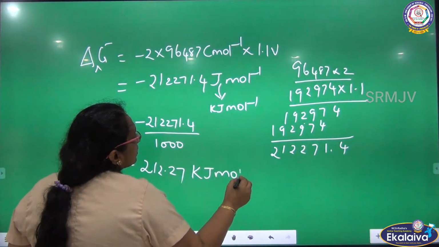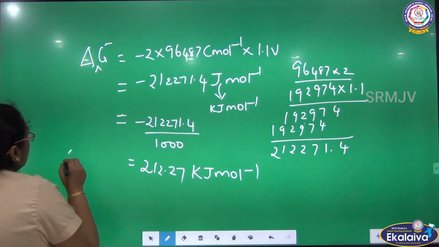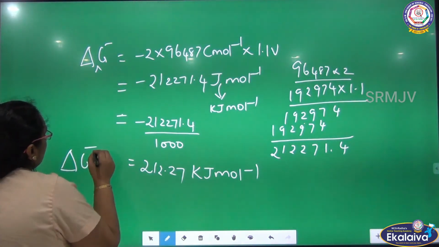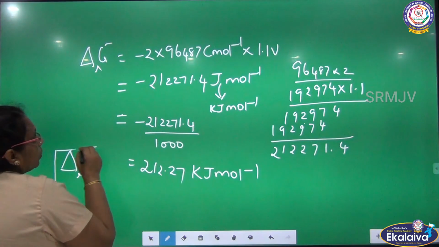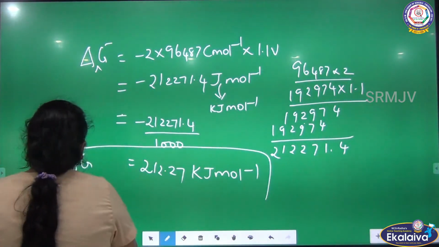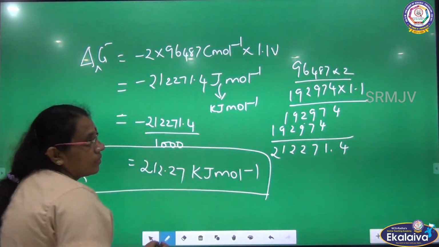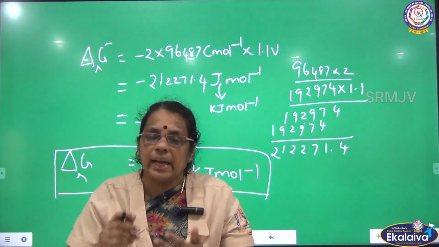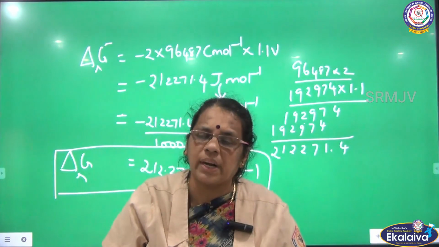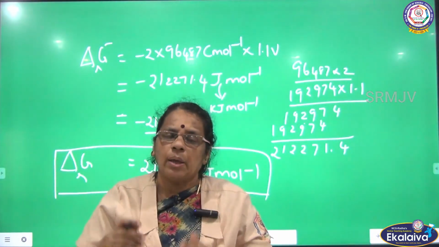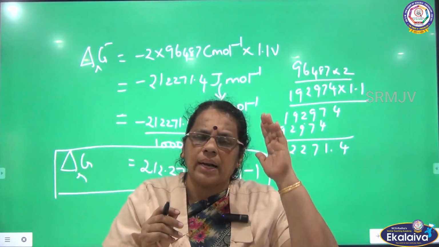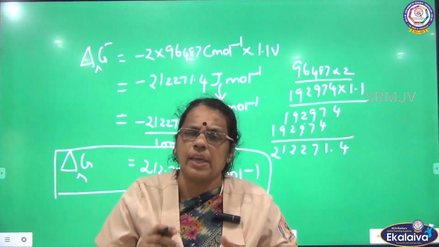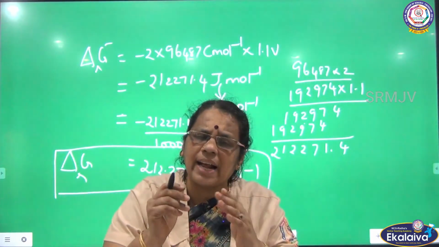So this is the standard Gibbs free energy, equal to 212.27 kilojoules per mole. This is the answer. From the standard cell potential value of the Daniell cell, we were able to calculate the standard Gibbs free energy by applying the formula delta G dash reversible is equal to minus NF E dash cell.